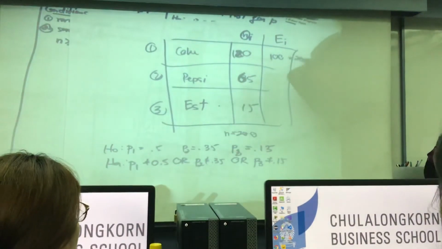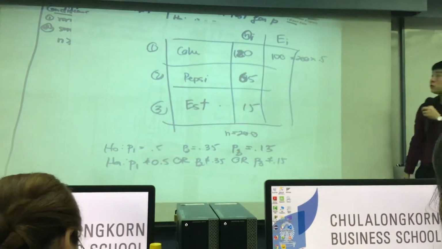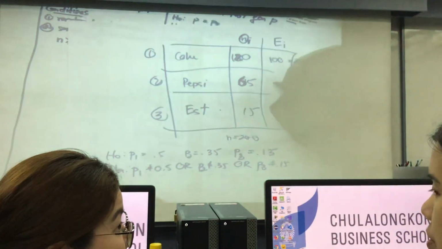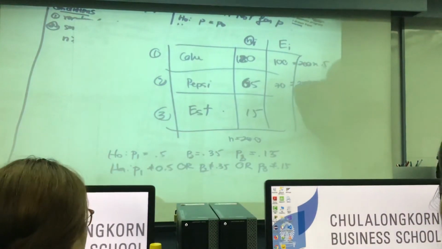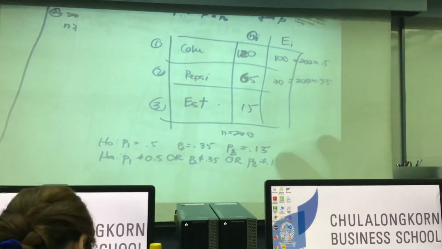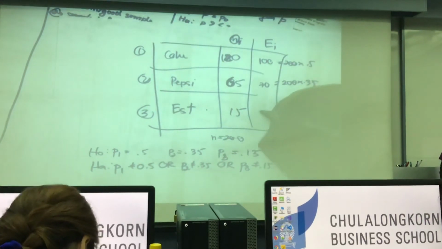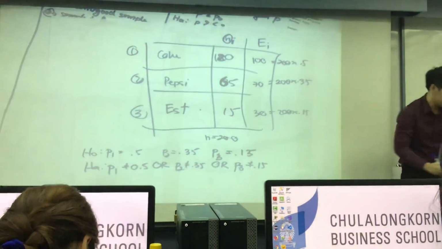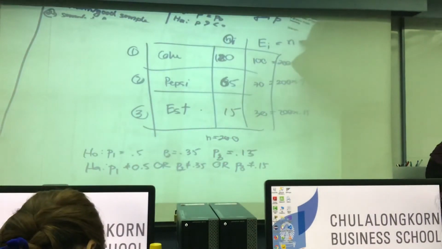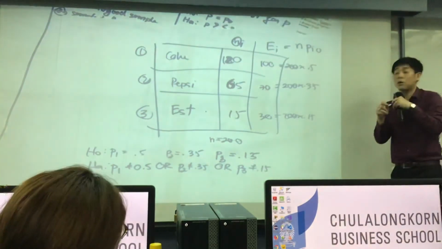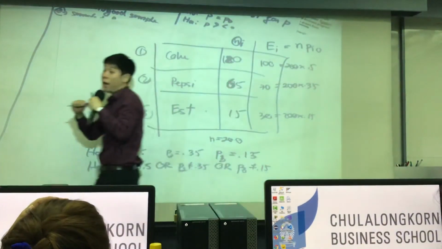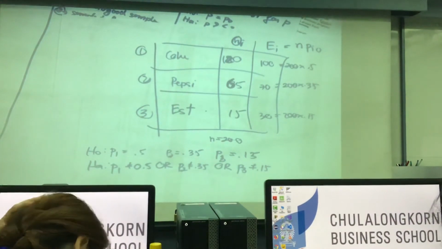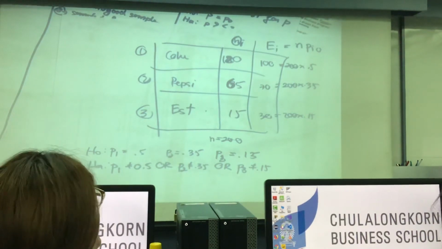By the way, this is 200 times 0.5, right? How many should you expect from Pepsi? 70, because that is 200 times 0.35. How many should you expect from S? 30. Alright? That's why expected count in this case is n times p_i0. p_i0 is the number that you want to compare. Expected count is the number that you would expect to see if H0 is true.